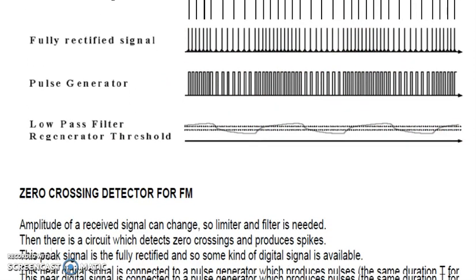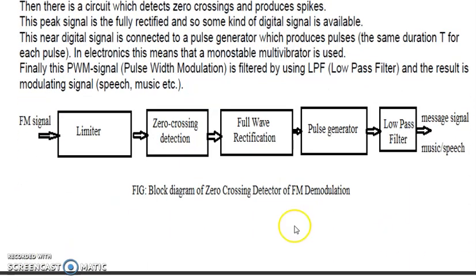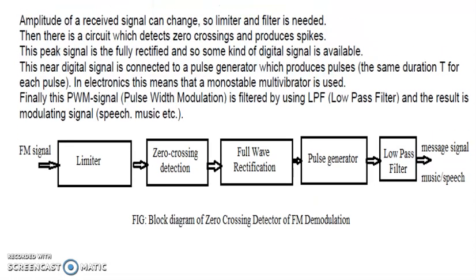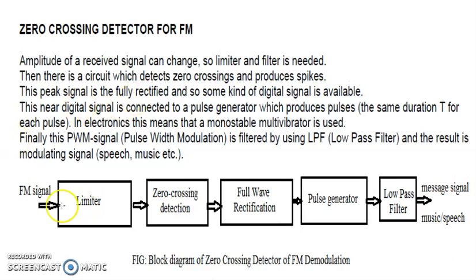Now let us watch the circuit also. This is the circuit. Here this is the limiter. The FM signal is received by the limiter. The limiter output is received by the zero crossing detector, which provides bidirectional spikes, and the full wave rectifier converts the bidirectional spikes into unidirectional.